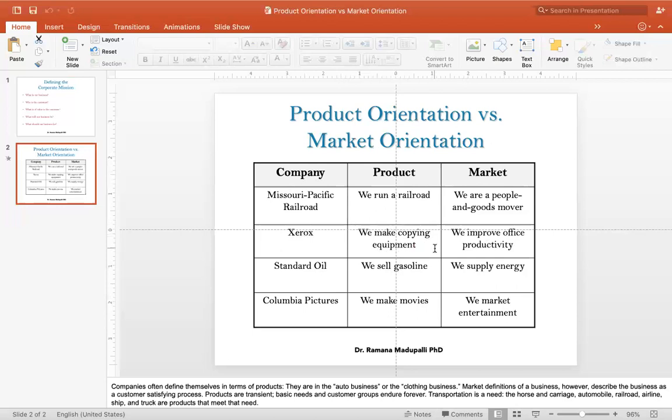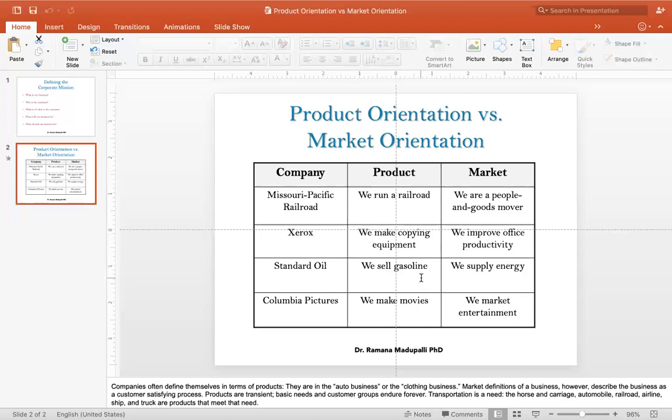But once they started producing other ancillary products, it could be printers, it could be scanners. I even saw a computer a long time back. I think they don't produce that anymore. Probably they briefly produced it. So they're in the office productivity business.